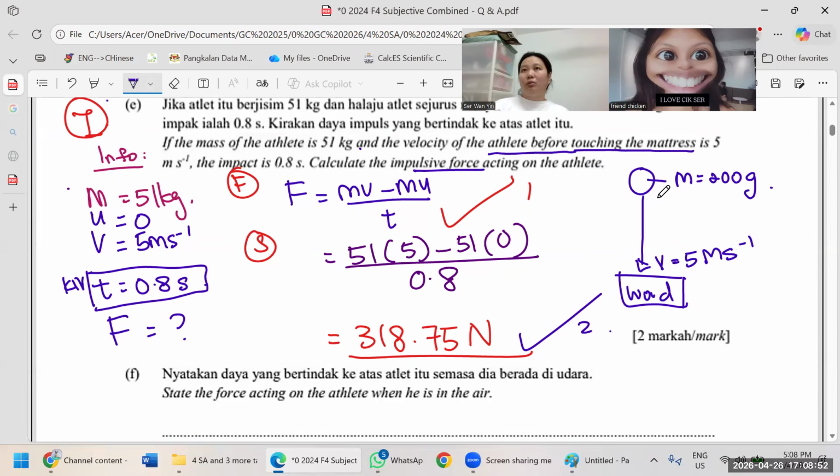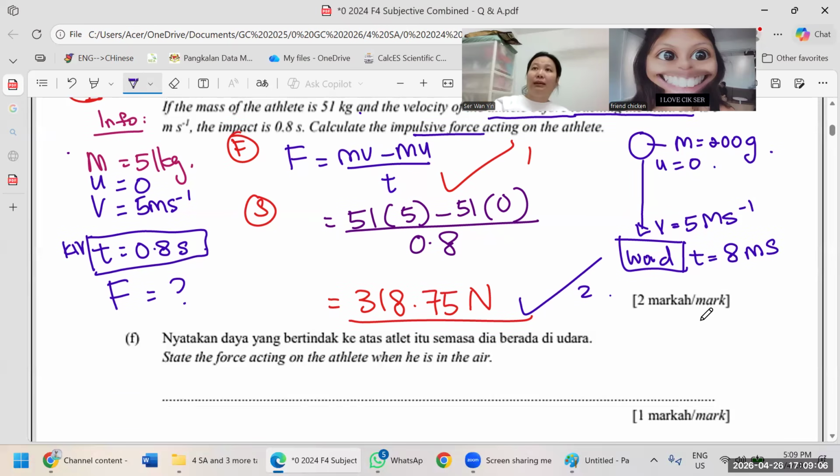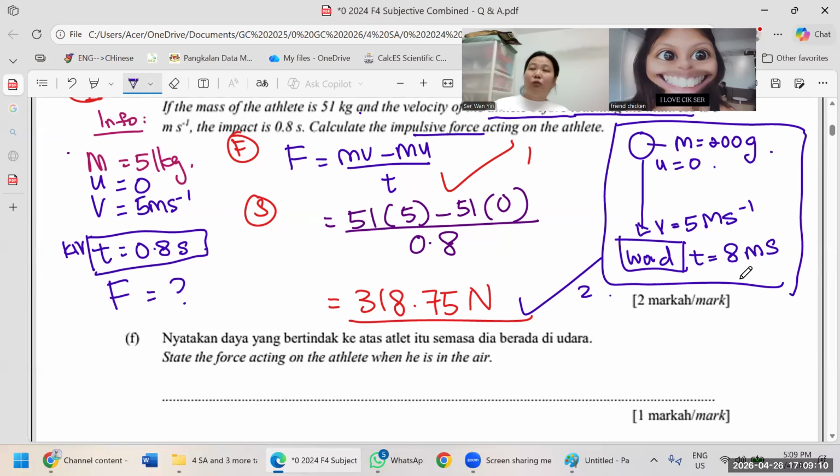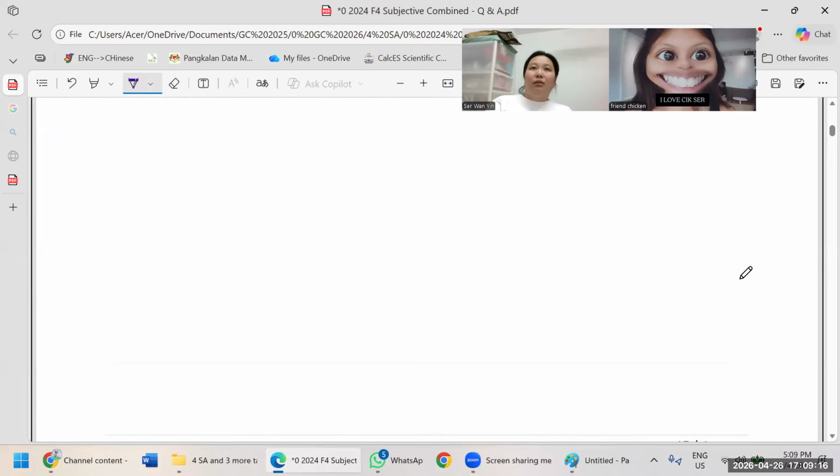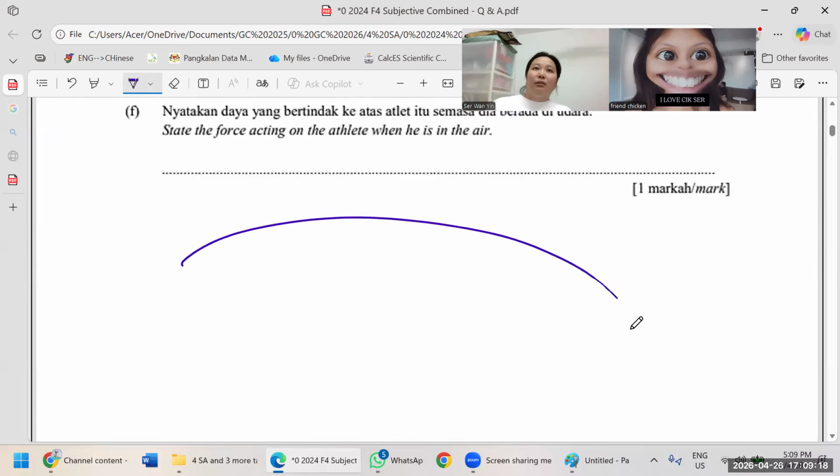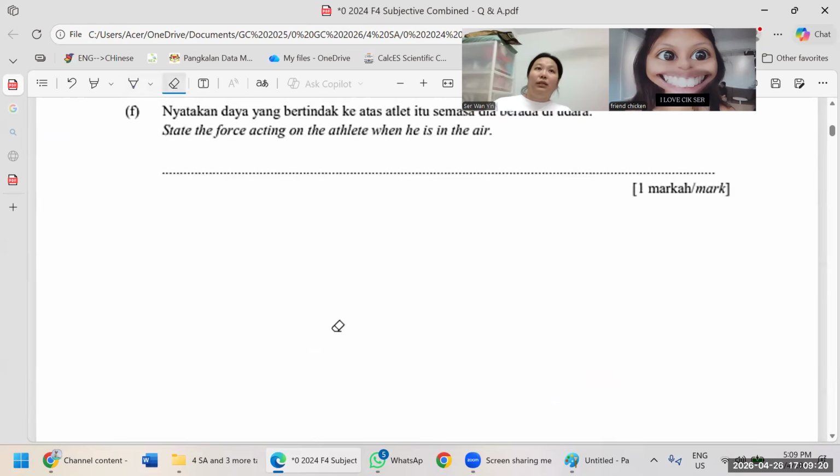So drop means U is 0. The impact time to stop is 8 ms. How are you going to do it? Everyone, can you calculate this now? Since down here has many spaces, maybe you can calculate down here.